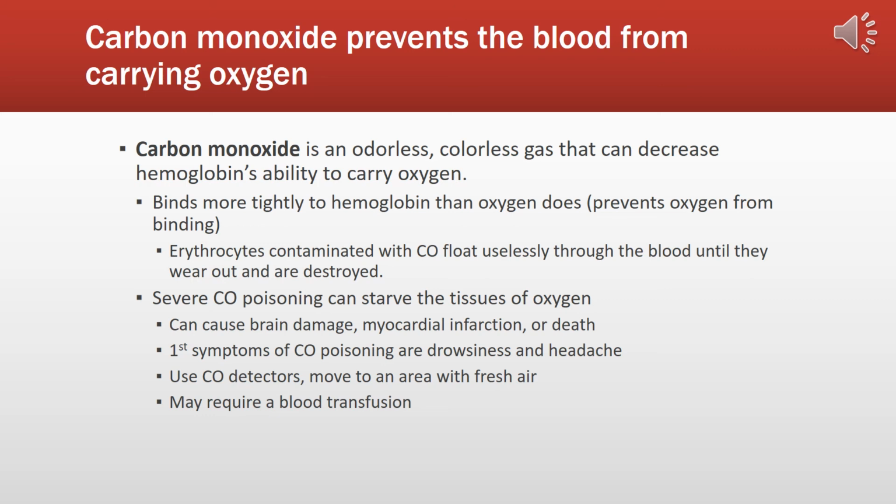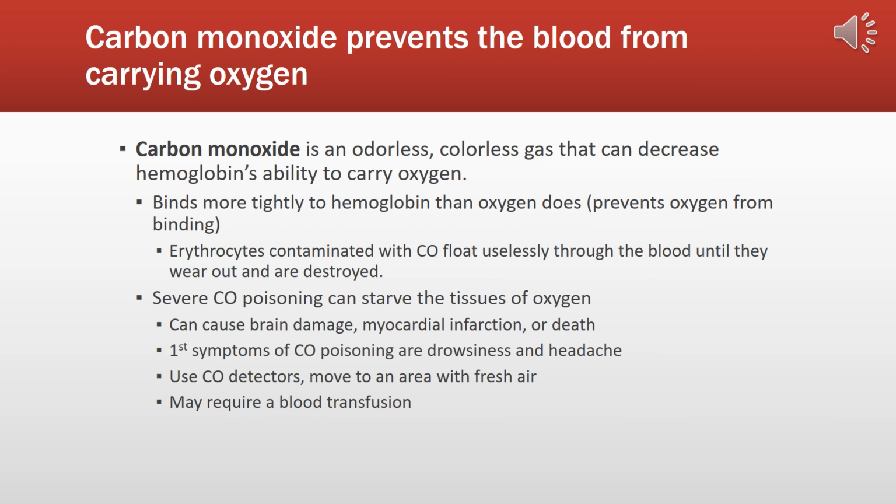And this is because carbon monoxide binds much more tightly to hemoglobin than oxygen does, and this means that the erythrocytes become saturated with CO such that they can no longer bind oxygen because they're holding on to CO so tightly. Erythrocytes contaminated with CO float around uselessly through the blood until they wear out or are destroyed because they can't release the CO.